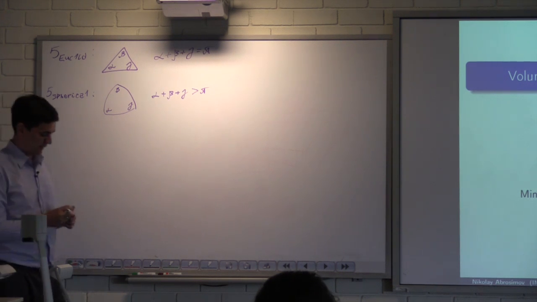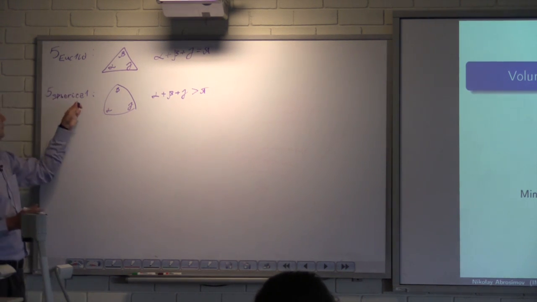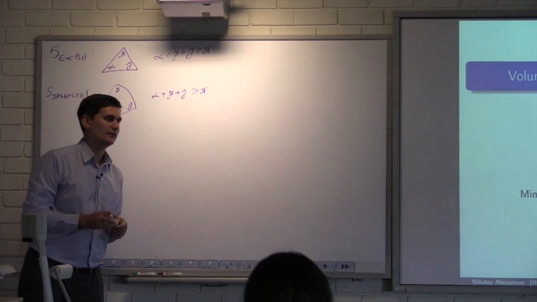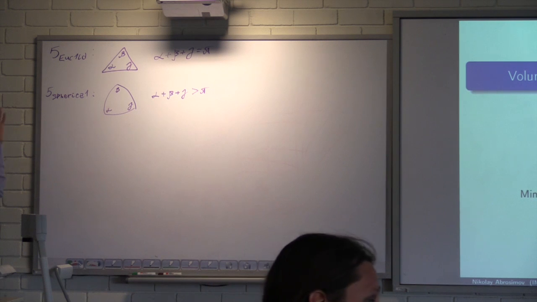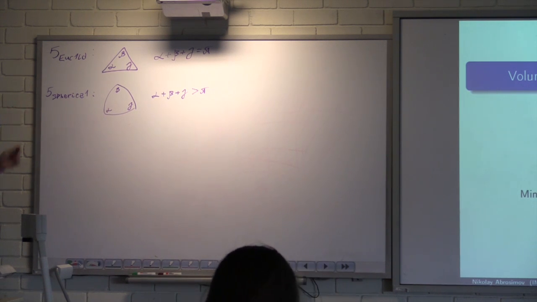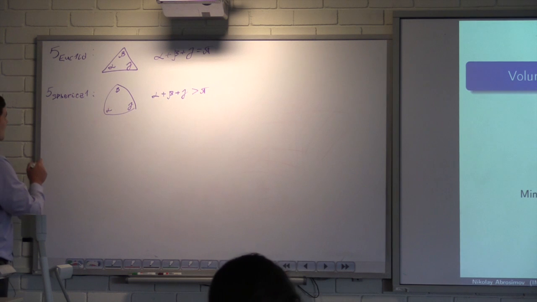So if we replace the fifth axiom by this, what we get is a non-contradictory system of axioms defining the spherical geometry of a sphere.